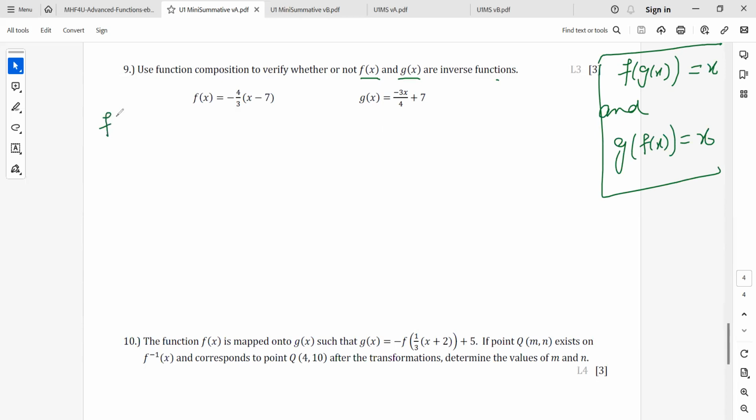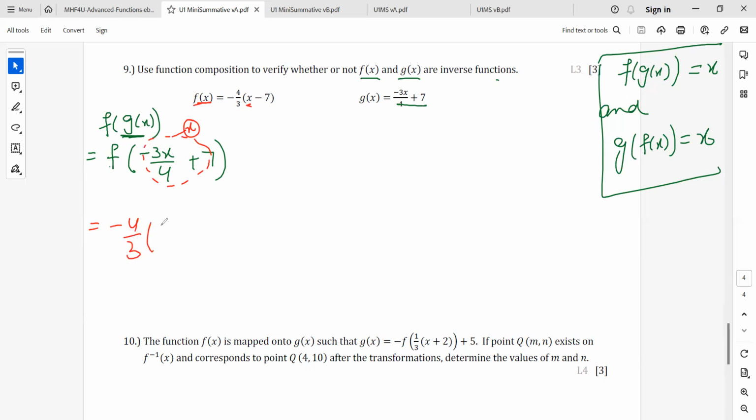So let's check them. First of all, we will check f of g of x. How to find f of g of x? It is function composition. Now this is g of x. So put the g of x, minus 3x by 4 plus 7, into f of x. You are going to consider this whole big thing as x. So the formula for f of x is minus 4 by 3 times (x minus 7).